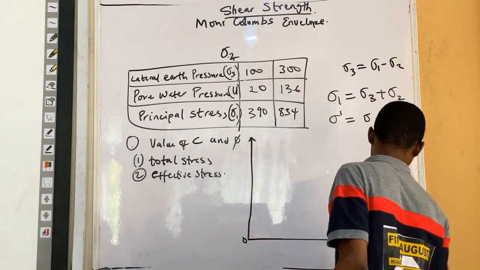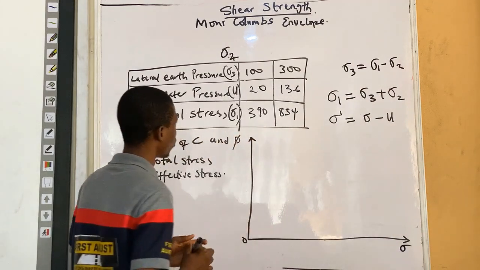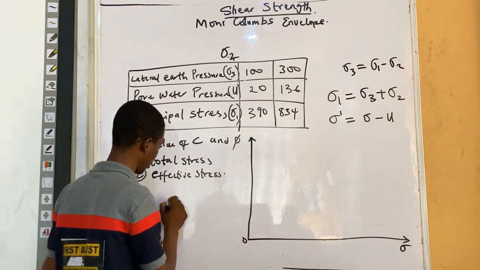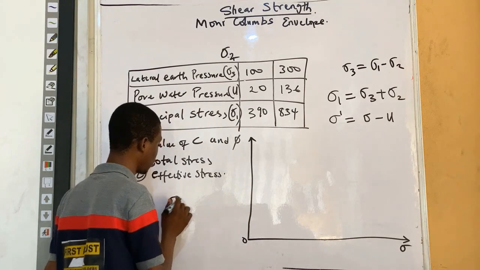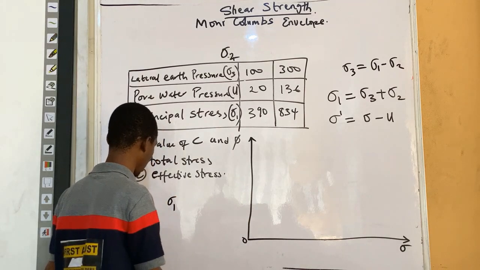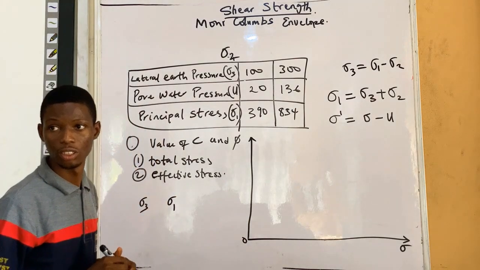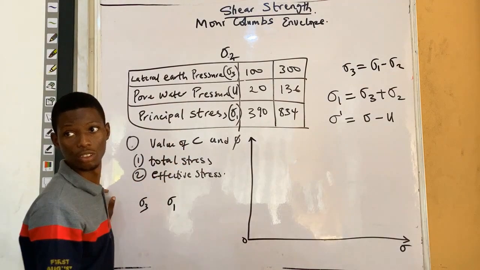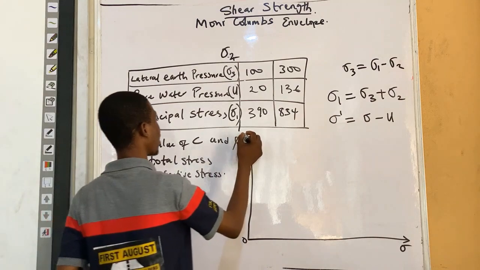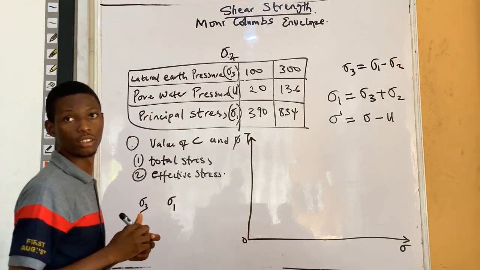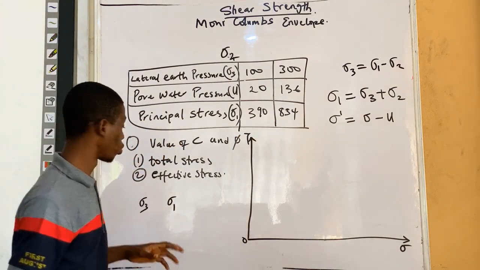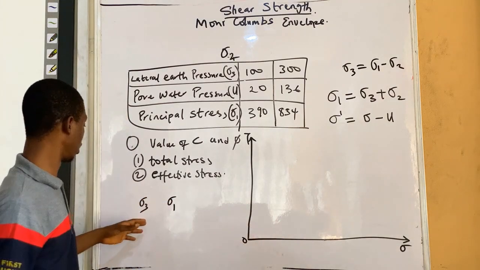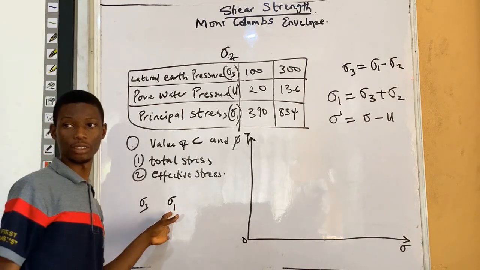Okay, what we are plotting against each other is sigma. We need to put sigma 1 on the graph where the stress is, on the vertical. What we want to map on our scale is sigma 3 and sigma 1.